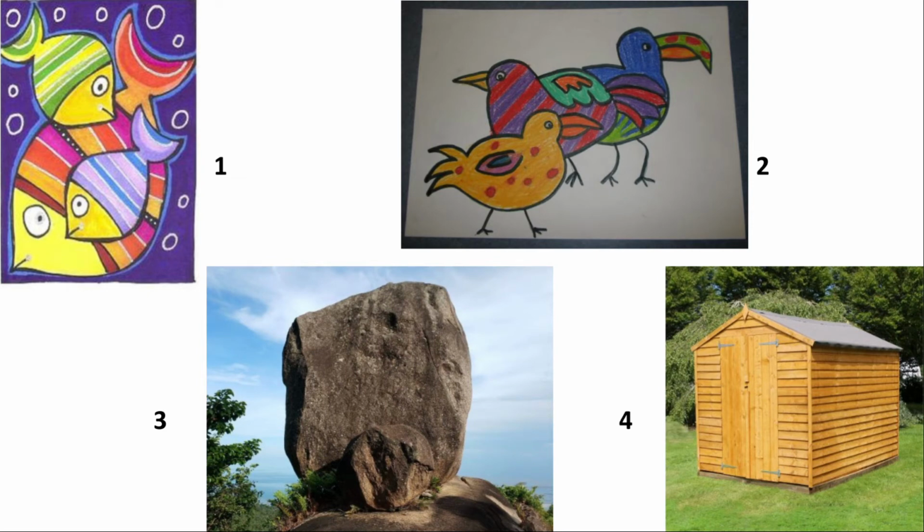So our first example is some fish. The big fish is being overlapped by two smaller fish. So the two smaller fish are in front of the big fish in the picture. Image number 2 are some birds. We have an orange bird who is overlapping the purple and red striped bird because you can't see the stripes where the orange bird is.